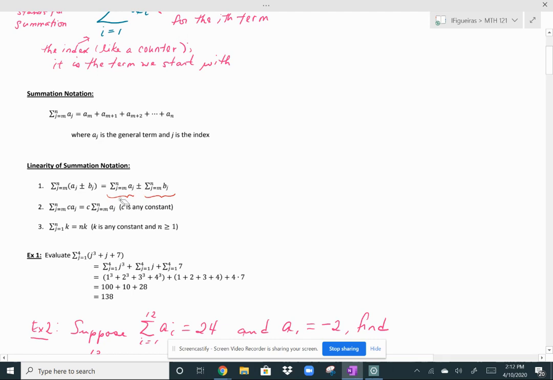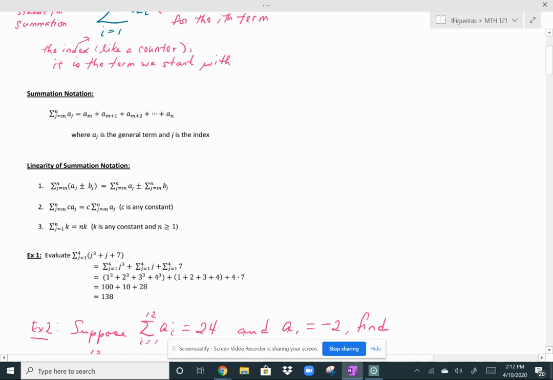The second one says that if you have the sum as j goes from m to n of c times a sub j, well, c is a constant, a number that you can factor out. So that's the same as multiplying c by the sum instead of multiplying each term by c.